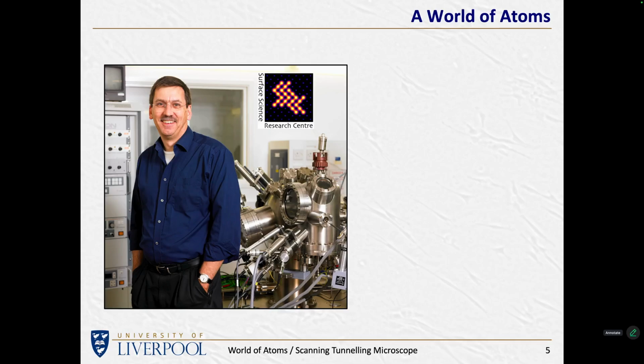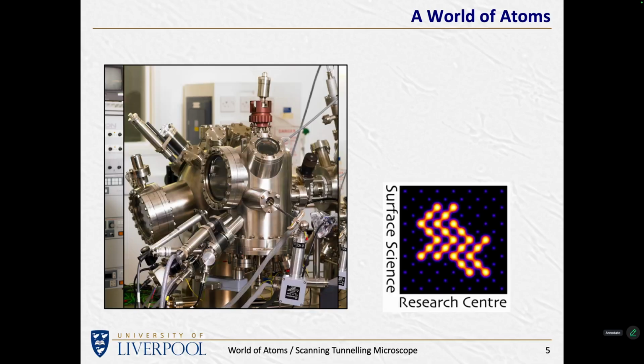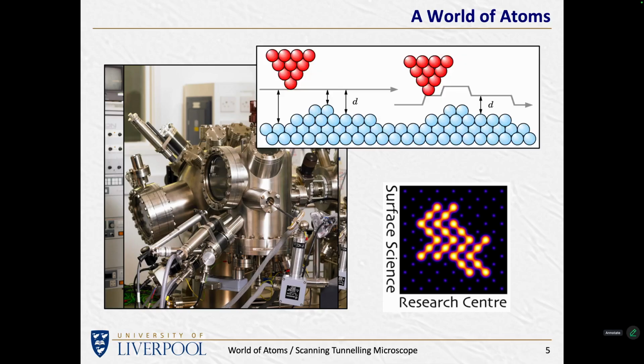The technology that allows us to do that is called a scanning tunneling microscope, and that's what's in the background behind the rather handsome scientist there in the foreground. That equipment in the background houses a device called a scanning tunneling microscope, and that's a microscope that allows us to see at these incredible magnifications. I'm not going to go into too much of the details, but it's not a visual technique, it's not an optical technique.